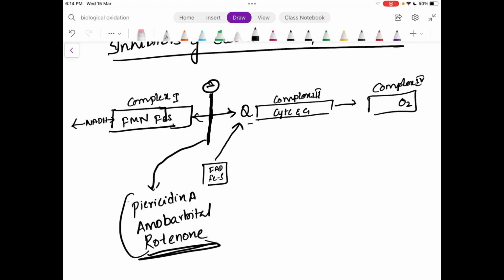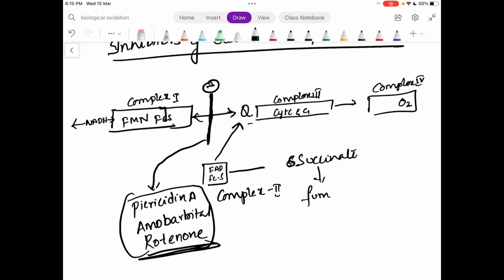And in complex 2, succinate will form fumarate.